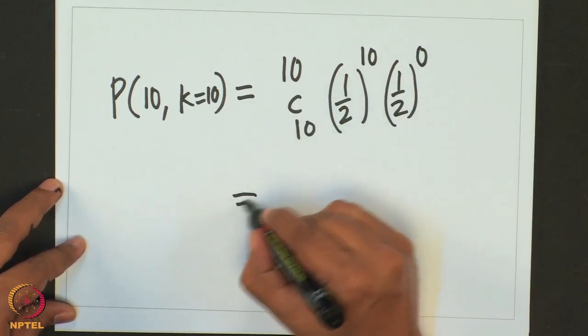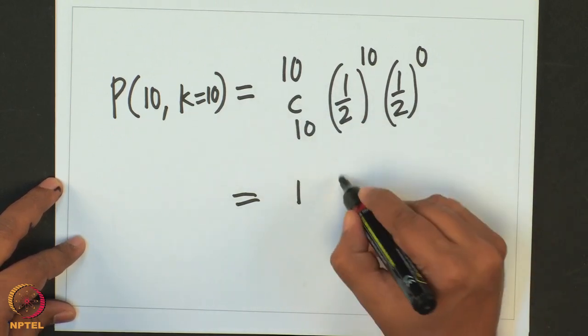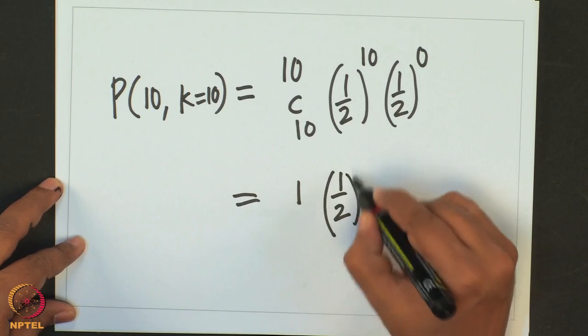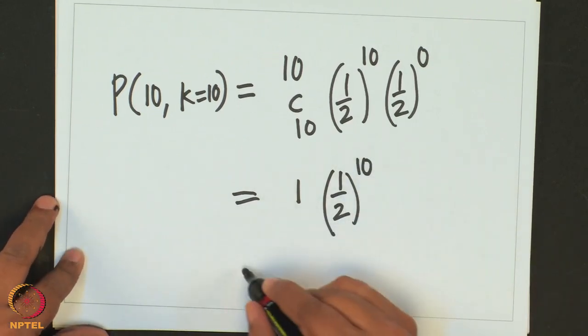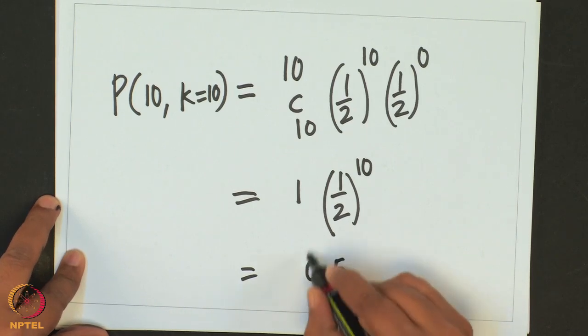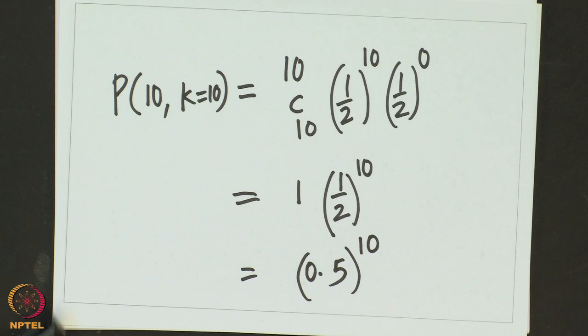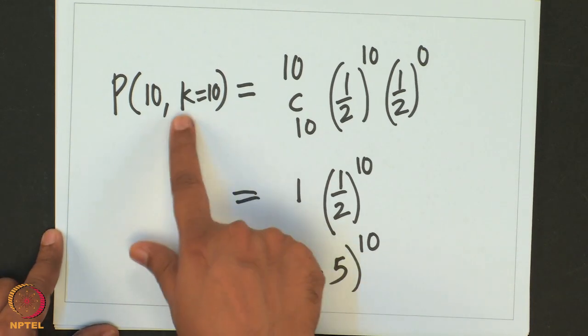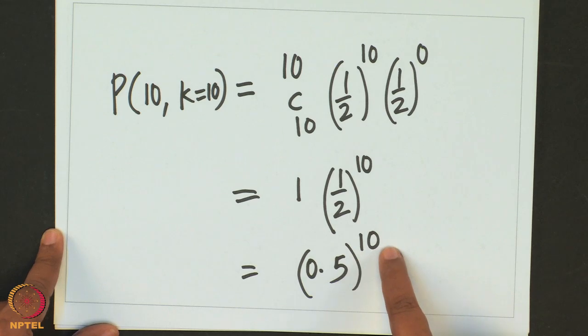So 10C10 is 1 and half power 10 is this. So 0.5 power 10 would be the answer. This gives the probability that all 10 are girls. The probability is 0.5 power 10.